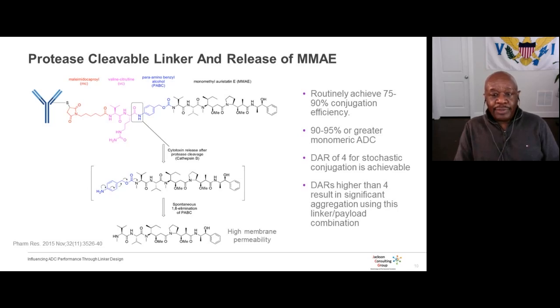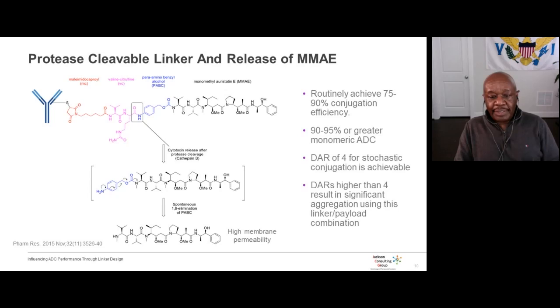Now, some of the other features that we see routinely now using this and other types of conjugations is that we have between 75 to 90% conjugation efficiency. Remember, Mylotarg was only 50%, so we've improved that substantially. There is between 90 and 95% greater monomeric content, so you've reduced the aggregation issues associated with some of the other conjugations.